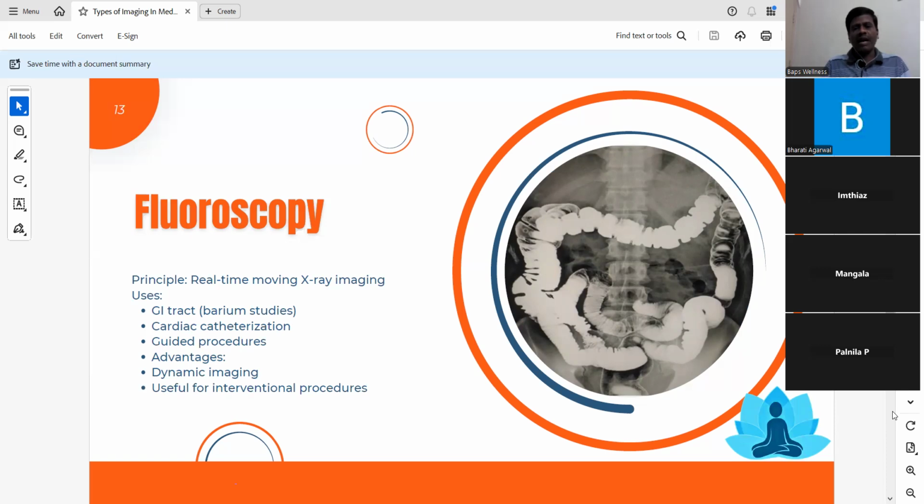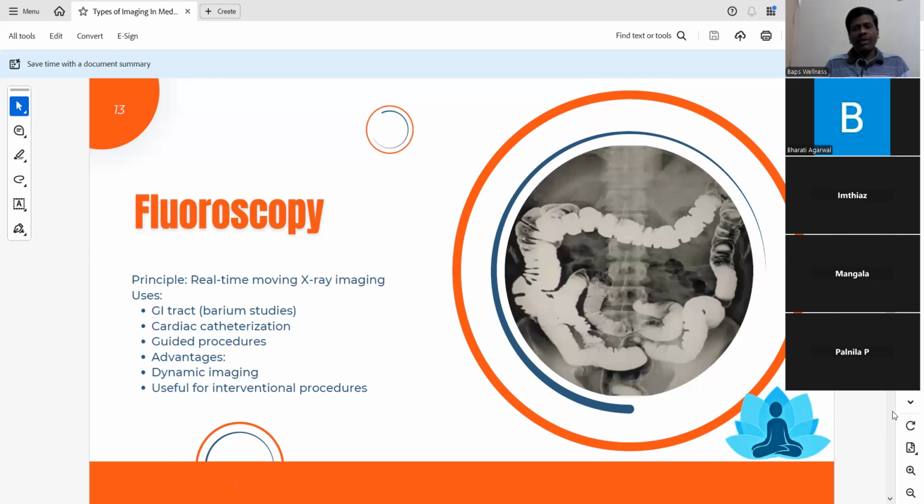Then in cardiac catheterization and guided injections and surgeries, these contrasts are used, and the visualization is a dynamic one, commonly used in interventional procedures, major operations and all.